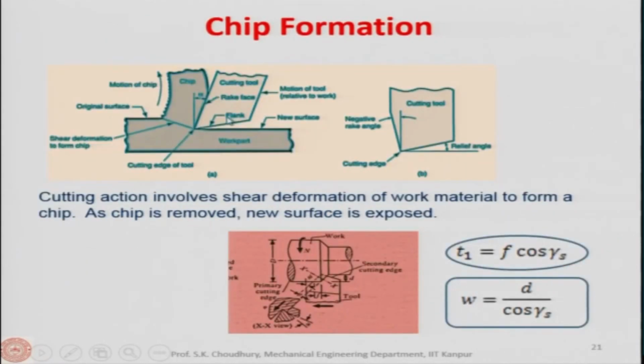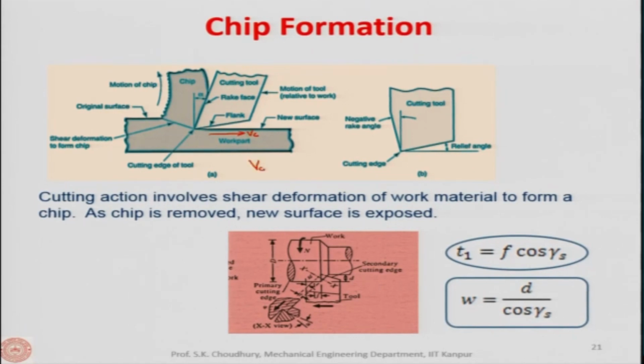So, in this picture, since this is the rake face, that inclination of the rake face is defined by this angle. What is this angle? This is the angle between the rake face and a line perpendicular to the cutting velocity vector. Here it is not shown, but the cutting velocity vector is like this, this is the Vc.